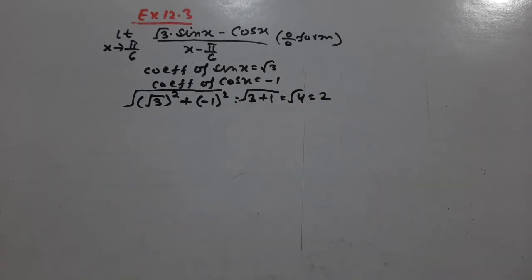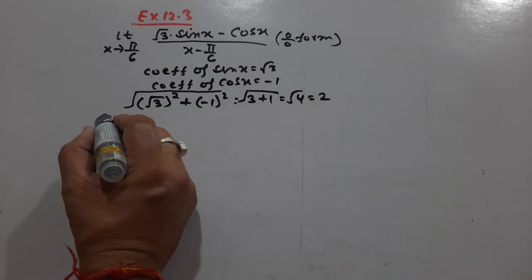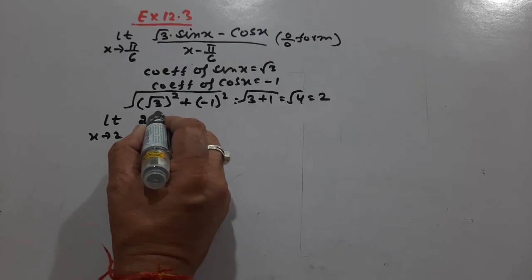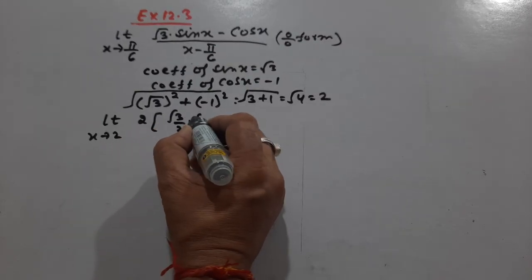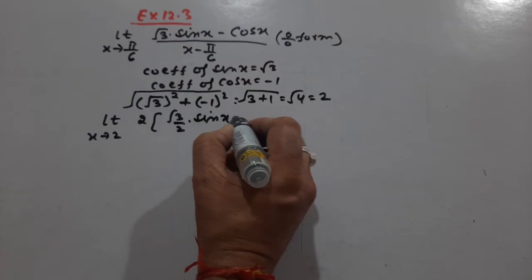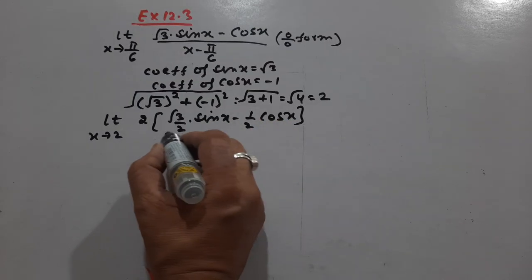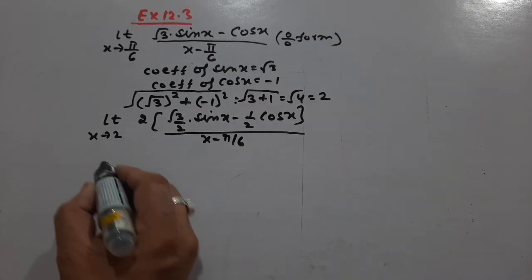So we are getting 2. So we multiply and divide by 2 in the numerator. We write it like this: multiplying and dividing by 2, we get root 3 upon 2 sin x minus 1 upon 2 cos x, upon x minus pi by 6.